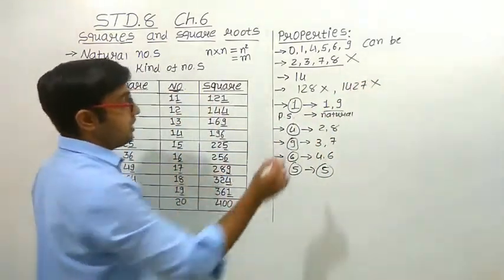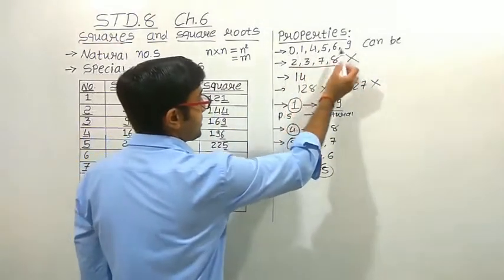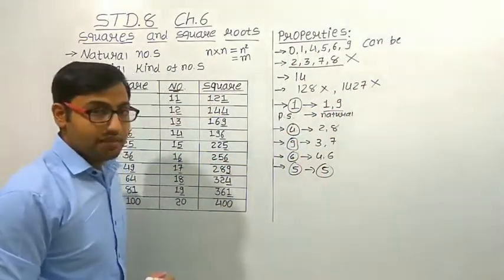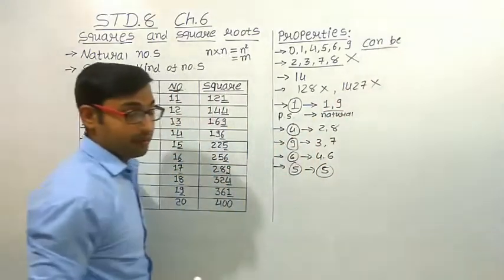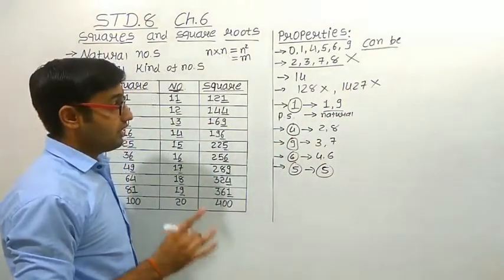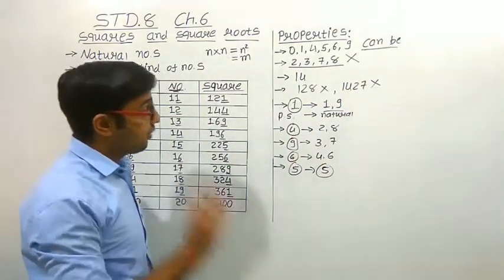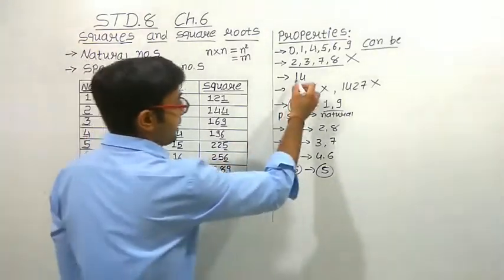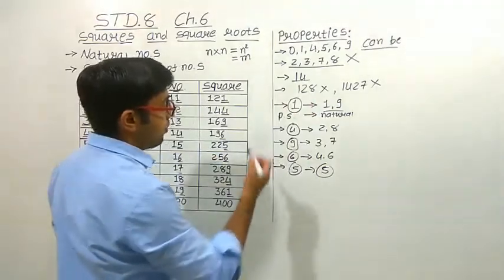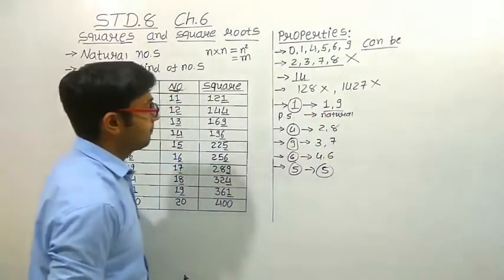Remember, but if there is 0, 1, 4, 5, 6, or 9 at the unit place, then it can be a perfect square number. Right? Again, I am saying that it is not compulsory that it will be a perfect square number. It can be. We have taken the examples of 14 and 128.